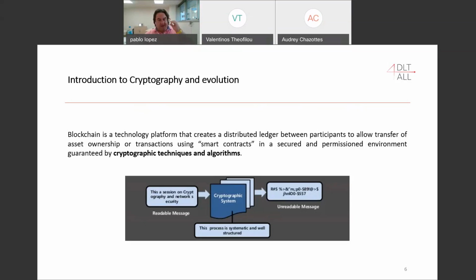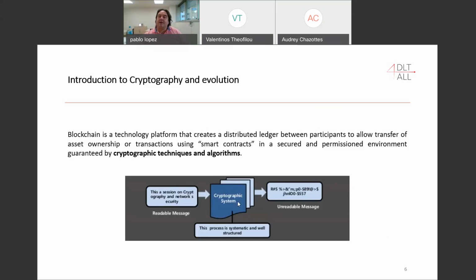So having the context and the technology that allows us to send from one party to another in a safe way can change a lot of things in this world. That's why the focus on blockchain is important, and that's why we need to understand how important cryptography is during this session.